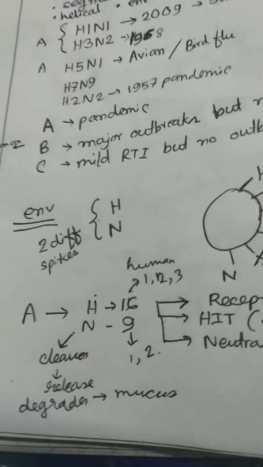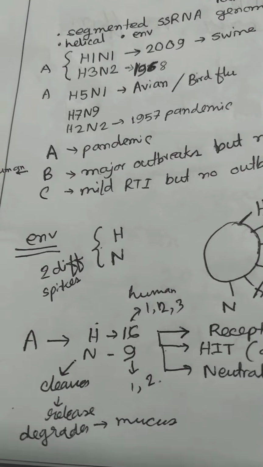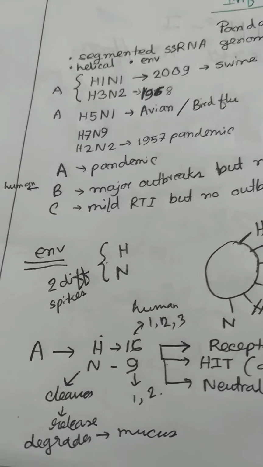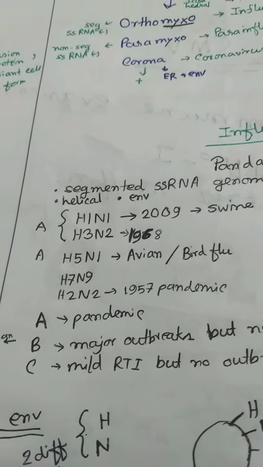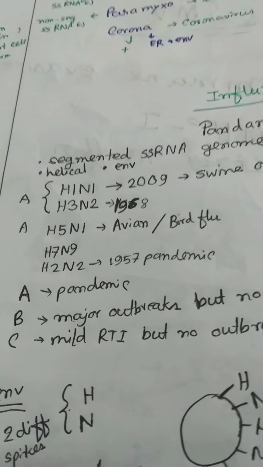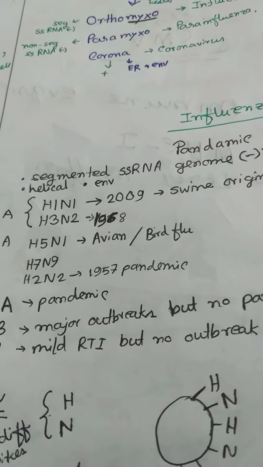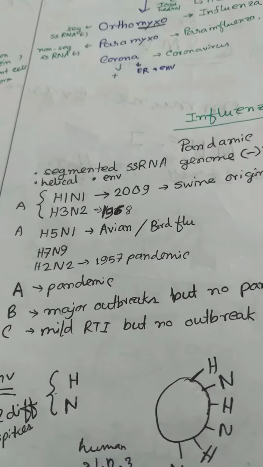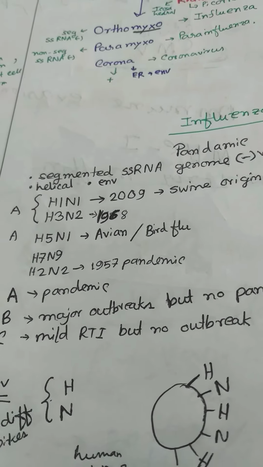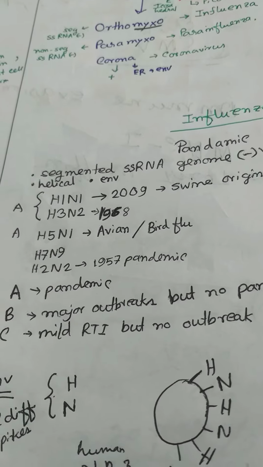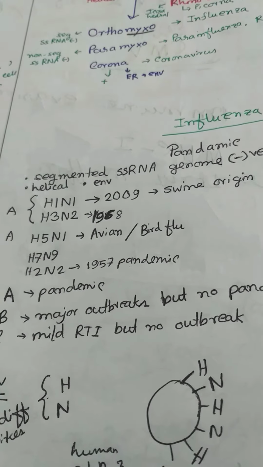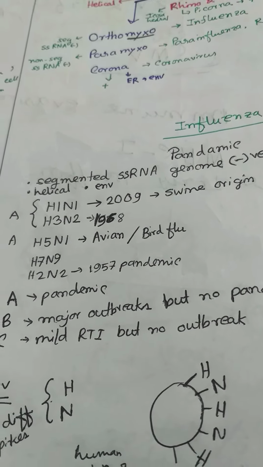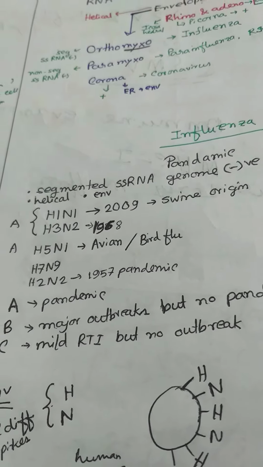Hemagglutinin is of 16 types and neuraminidase is of 9 types, and according to their recombination, influenza virus A can be classified into H1N1, which in 2009 was derived from swine origin influenza virus, H3N2, which caused a pandemic in 1968, H5N1, which is also known as avian flu or bird flu, H7N9, which was also discovered in forest birds, and H2N2, which in 1957 caused a pandemic.